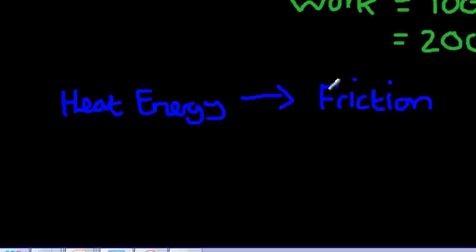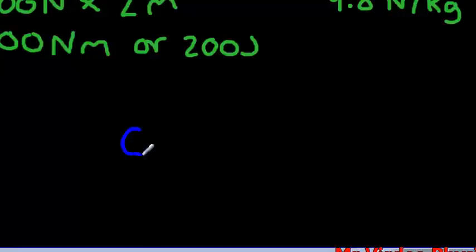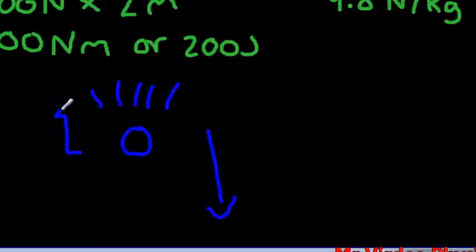slowing down the object. So for instance, if we had an asteroid, and we'll have a very crude drawing of an asteroid falling down, there's obviously going to be lots of friction from the air particles, and there'll be a force resisting it, which could be our drag.